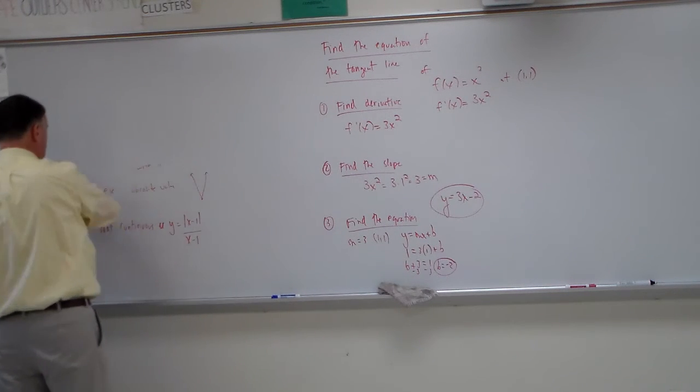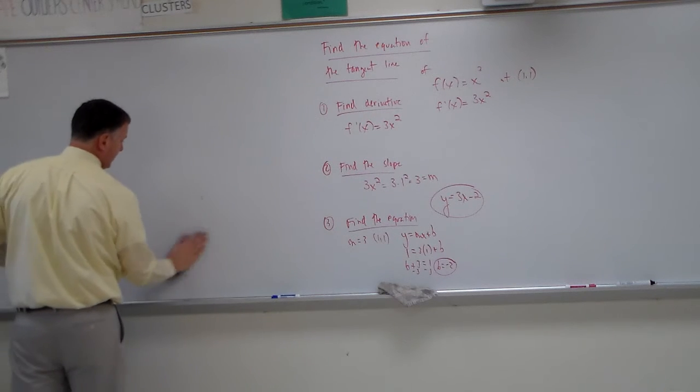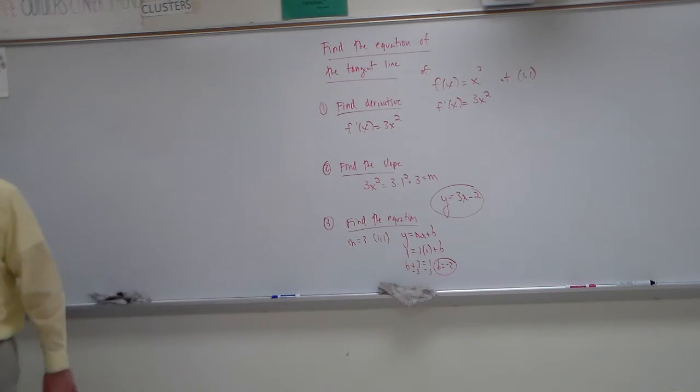So let me give you guys one to look at like that. And again, I'm going to give you the derivative. We found a lot of derivatives, and we'll be finding more, but I'm going to give you the derivative.